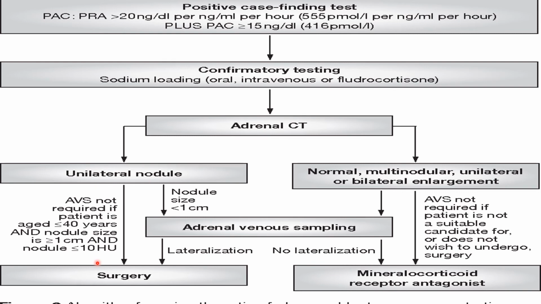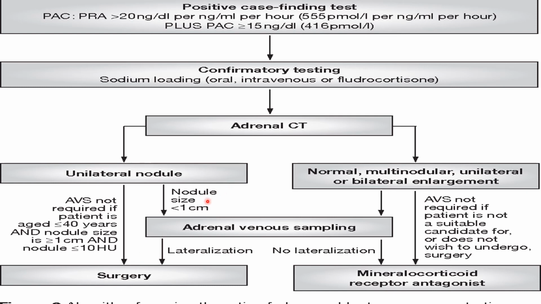Three criteria: age less than 40, unilateral nodule more than 1 centimeter, and nodule with less than 10 Hounsfield intensity on pre-contrast CT scan of abdomen. If you find all these things, you need not lateralize the lesion by a technique known as adrenal venous sampling. You straight away go for surgery.